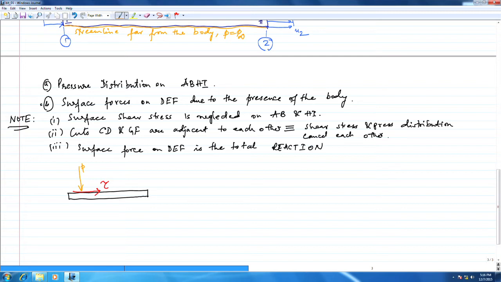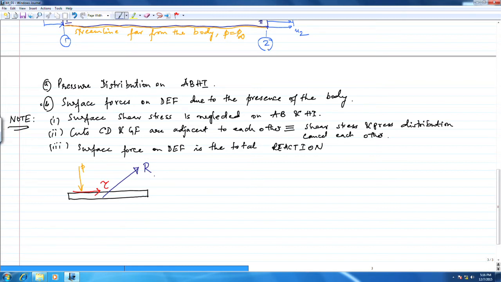Now, if I sum all this up, you can see this. I have a pressure, and if I sum the effect of both pressure and the shear stress, that is going to be a reaction, let us just call that R, per unit length. Okay, per unit length, so the depth is into the plane of the paper.